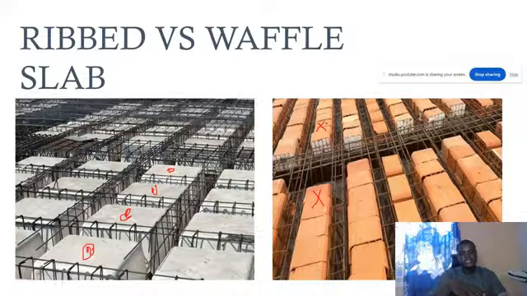So this is just a simple comparison between rib slab and waffle slab. Even though in general terms we can call both of them rib slab, when we say rib slab, most of the time we are referring to the one-way spanning part. When we say waffle slab, we are referring to the two-way spanning part of the rib. I hope that is understood.